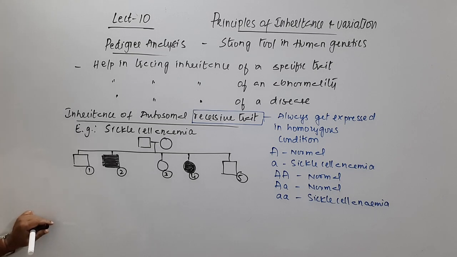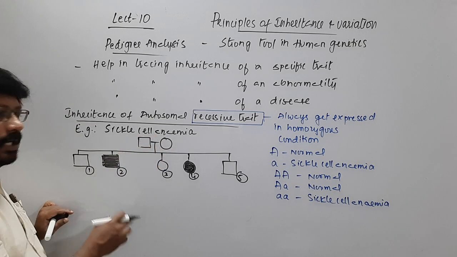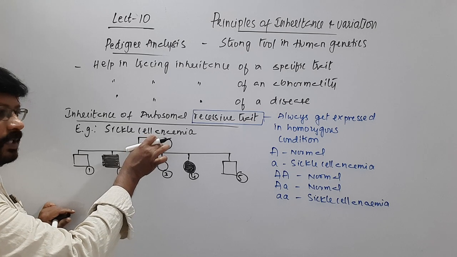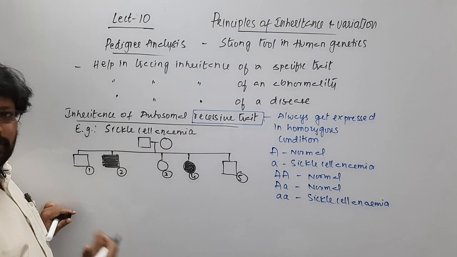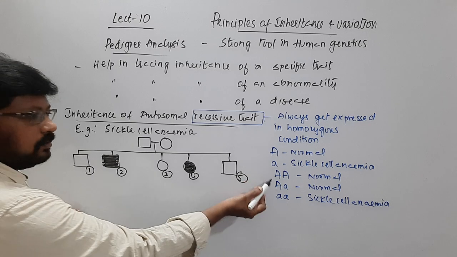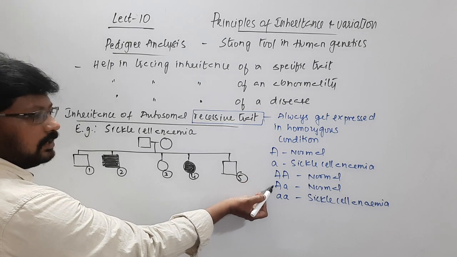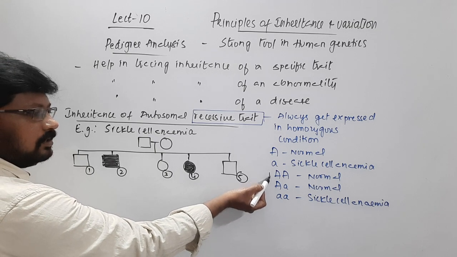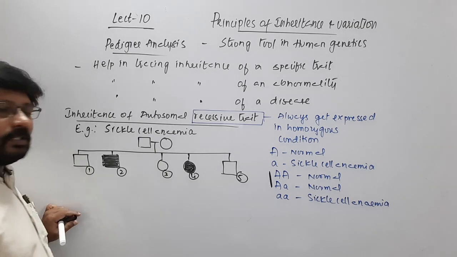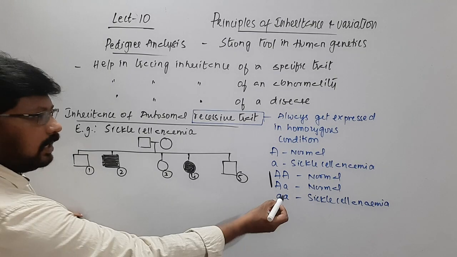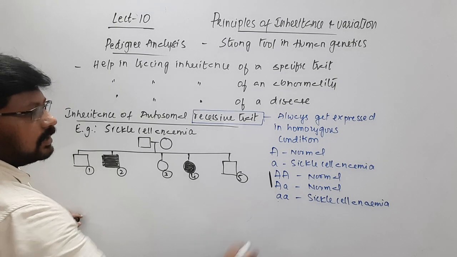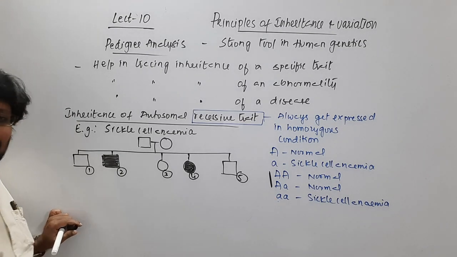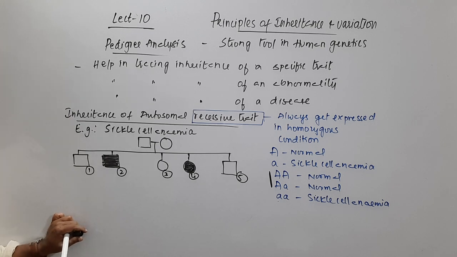Here the parents are heterozygous, so they are normal, but the sickle cell anemia gene is hiding in them. I told you that in the heterozygous condition and in the homozygous dominant condition, the persons will be normal. Only in the homozygous recessive condition will we see sickle cell anemia expressed.